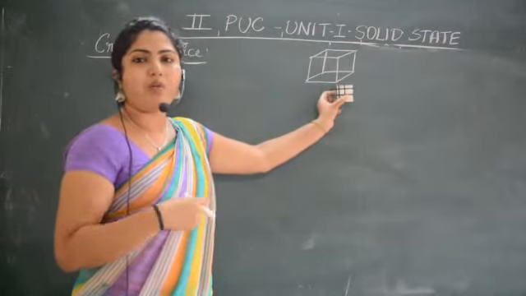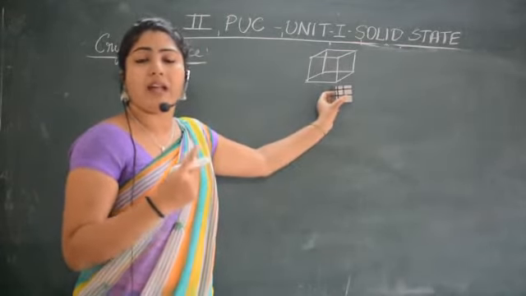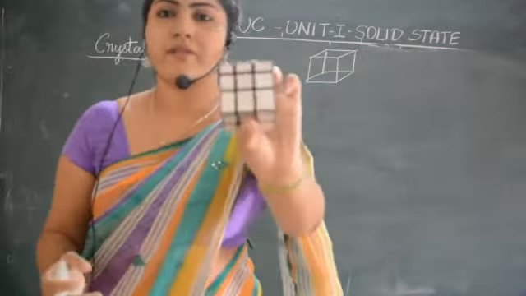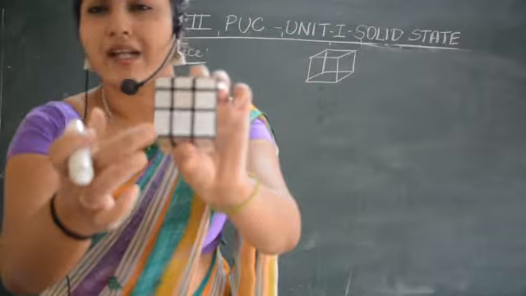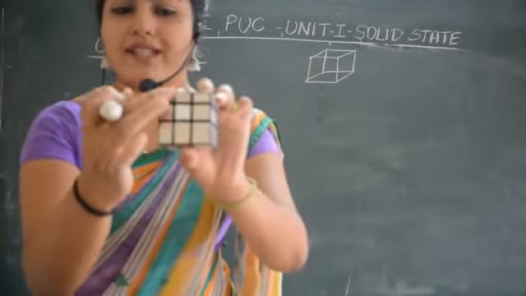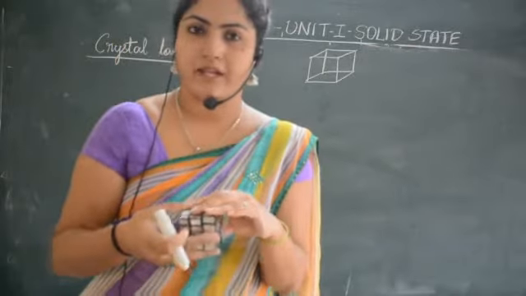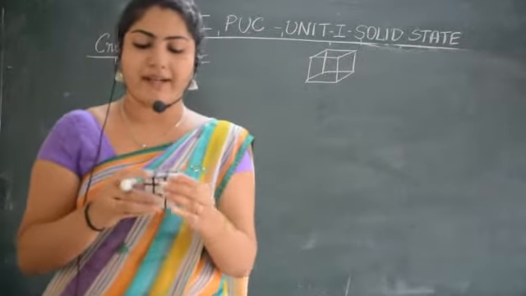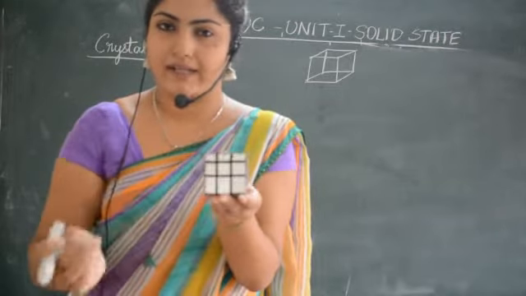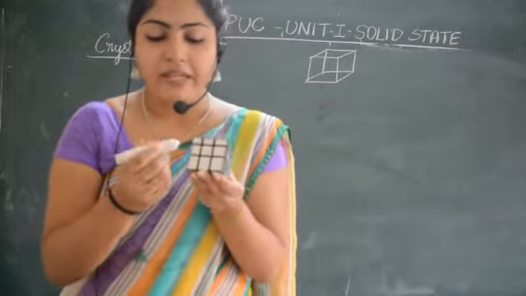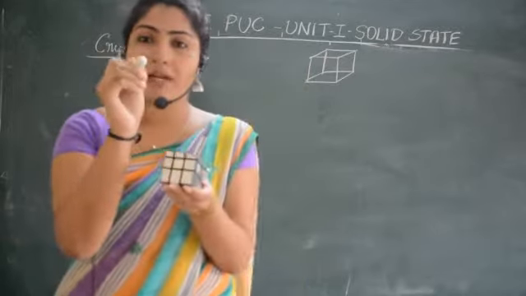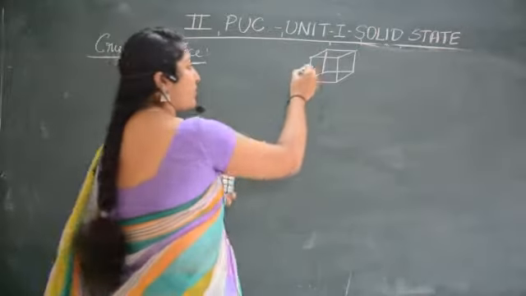Now let me tell you what is a crystal lattice. Lattice means the particles in this. For example, you can see in this, these small boxes which you see, consider these the particles of the solid. If these are the particles, then if these are shown in a particular space using points, now I will show those particles this way.